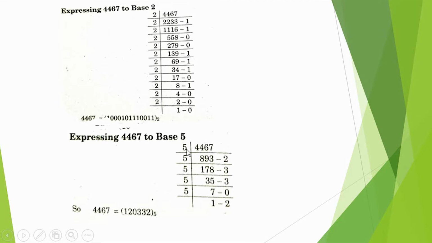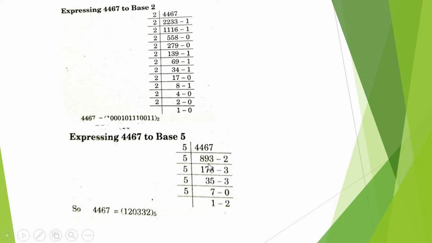Now we write these values as a binary number. Next, 4467 in base 5: 5 8s are 40, 6 becomes 46. 5 9s are 45, 7 becomes 17. 5 3s are 15, 2 carry.